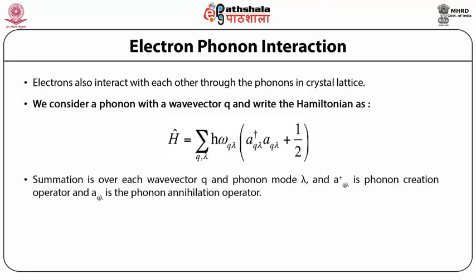This summation is over each wave vector q and the phonon mode lambda. Lambda is basically the mode, and a dagger q lambda is the creation operator for a phonon with wave vector q and mode lambda. In a similar manner, a q lambda is the phonon annihilation operator.